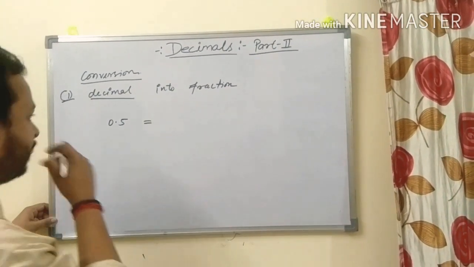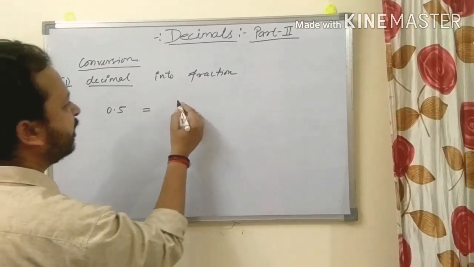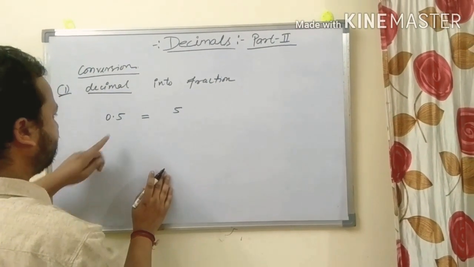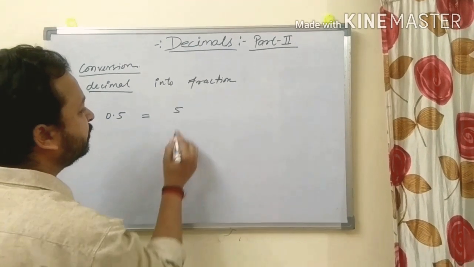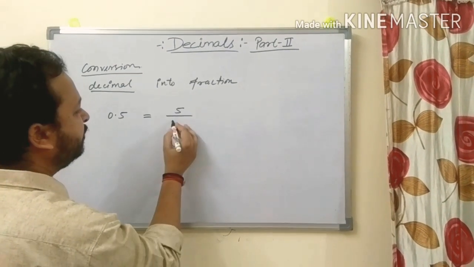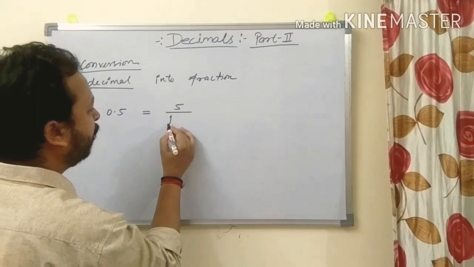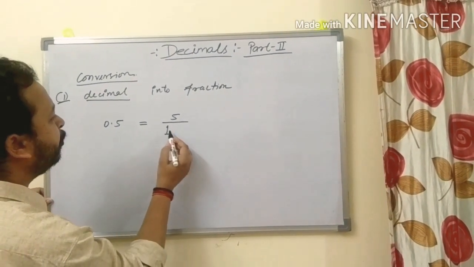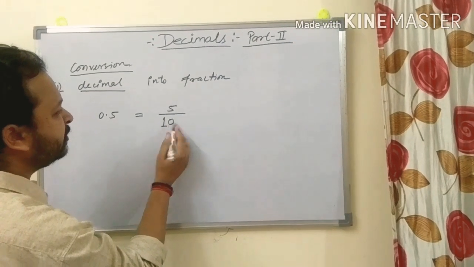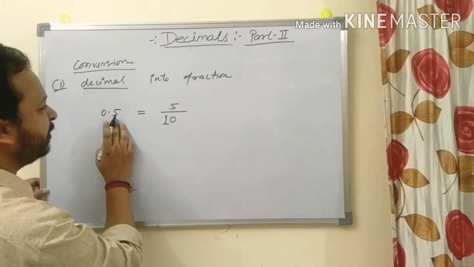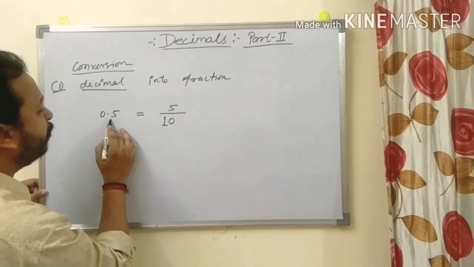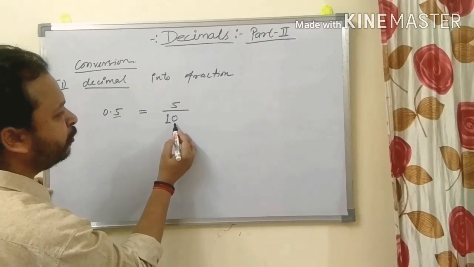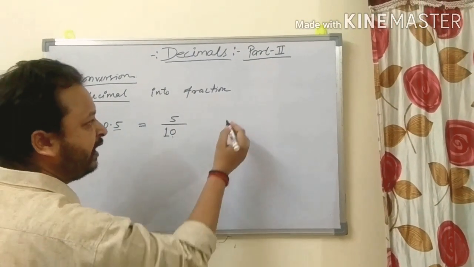So, what we have to do is write 5, the number which is given, and write 1 in the denominator and put as many zeros as there are decimal places. Here only one decimal place is there, so put only one 0, right?